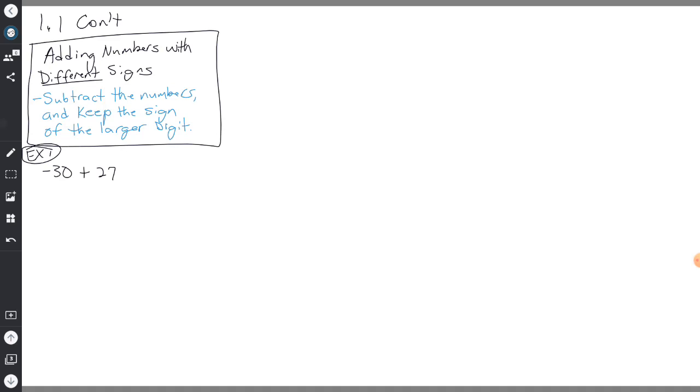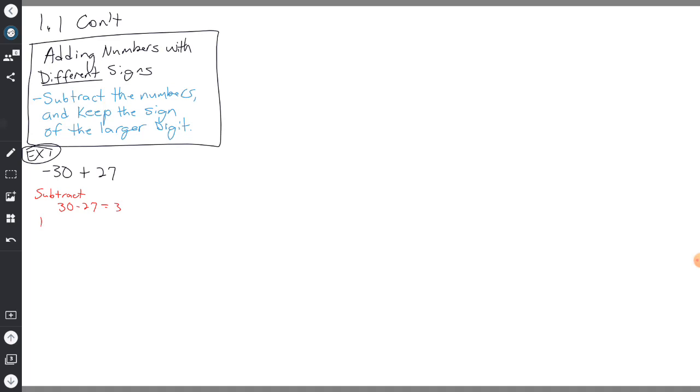So here we have negative 30 plus 27. The rule tells us that if we have different signs like we do here, we subtract the numbers but keep the sign of the larger number. So we can think of it first. We start out by subtracting the numbers, which gives us what?